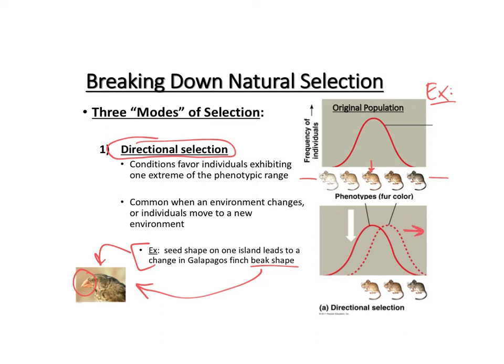What we say is this bell just shifts in one direction, and it becomes more beneficial for our organism to be one of these darker phenotypes versus the lighter phenotypes.